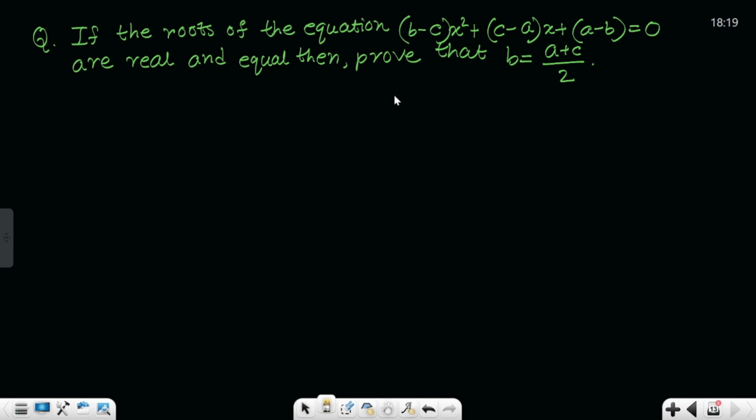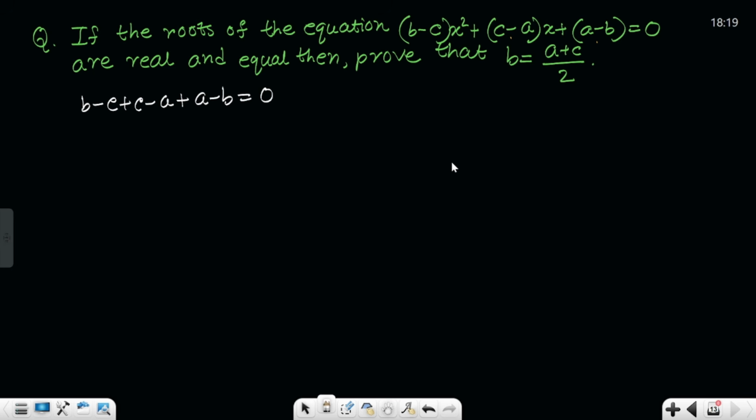Discriminant equal to 0. You can solve it that way also. But see here carefully. The coefficients are b minus c, c minus a, and a minus b. If we sum all this, b minus c plus c minus a plus a minus b is equal to 0 because these are cyclic coefficients, right?